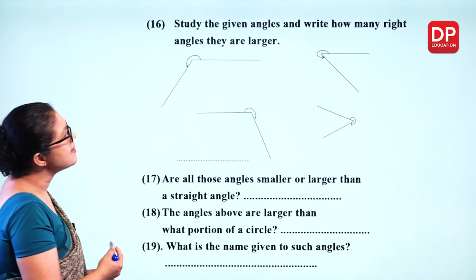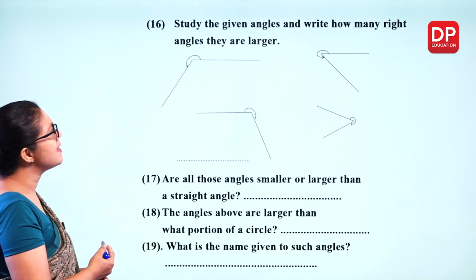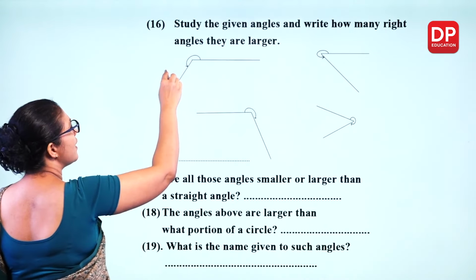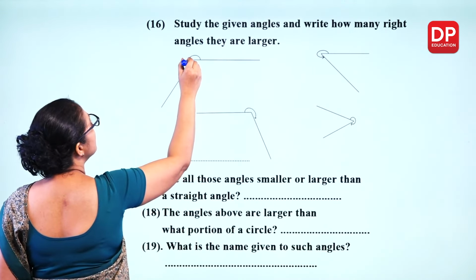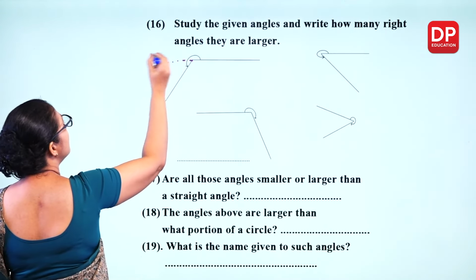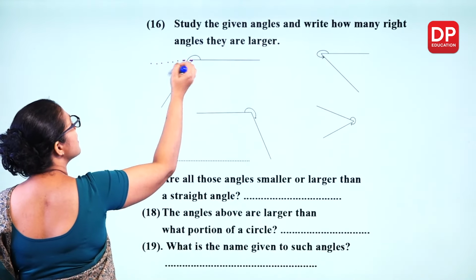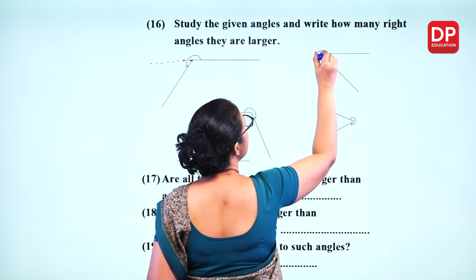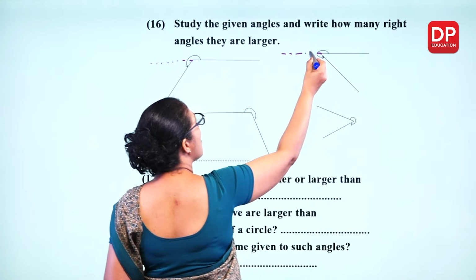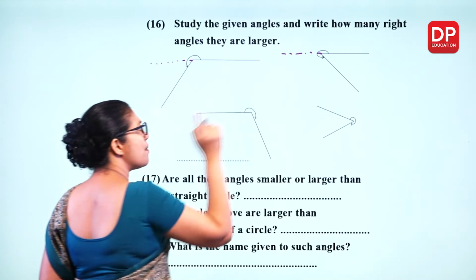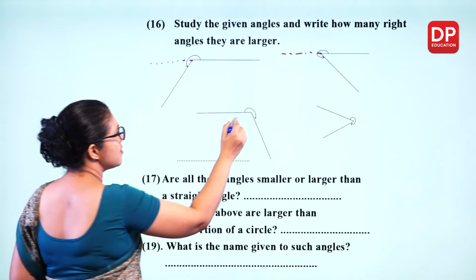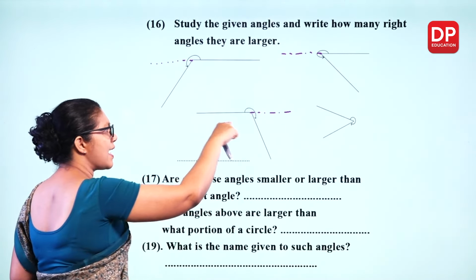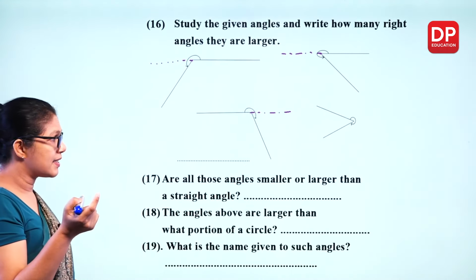Study the given angles and write how many right angles they are larger. Now the angle this way. If you take a straight line there, this is half of a circle and it's more than that. When you take the line here, this is half of a circle and you get another part. This is also a straight line, that's 2 right angles, and this is more than that.